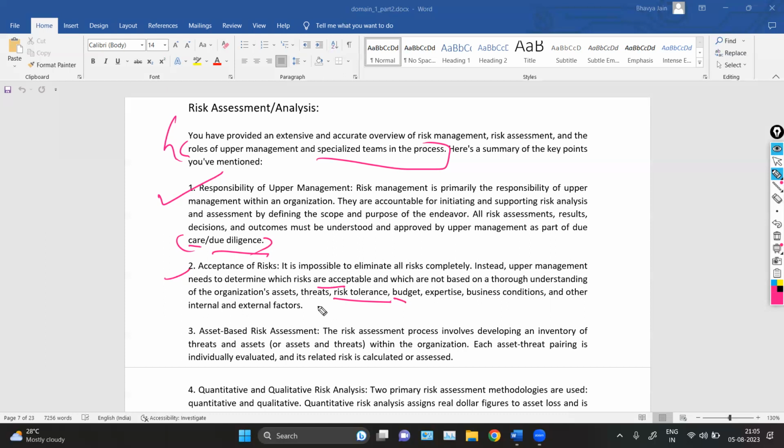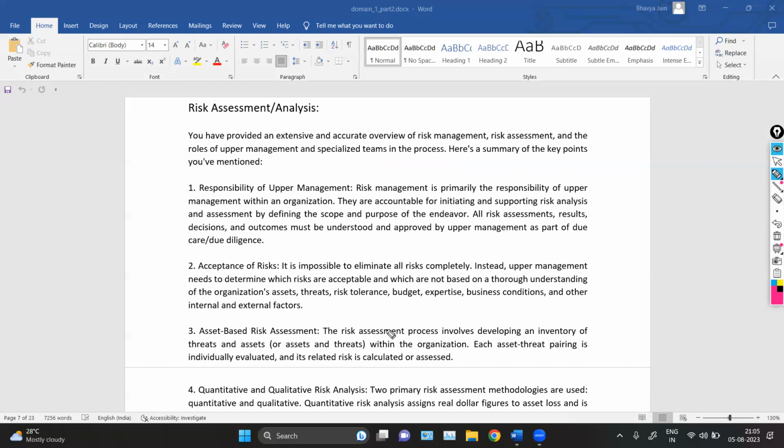The risk that your organization can tolerate varies from organization to organization. It doesn't mean that another organization can also tolerate it. For example, you can tolerate a loss of $100, but maybe another organization cannot. So it depends on the size, the budget, and the nature of the organization.